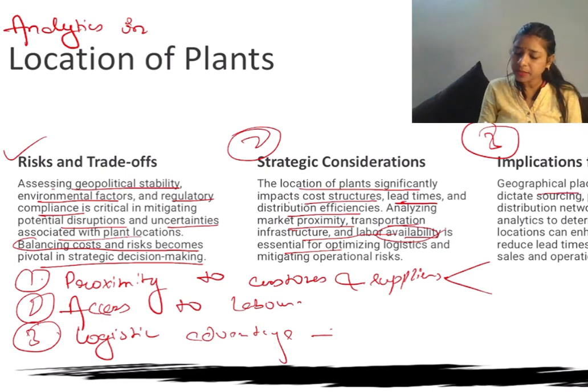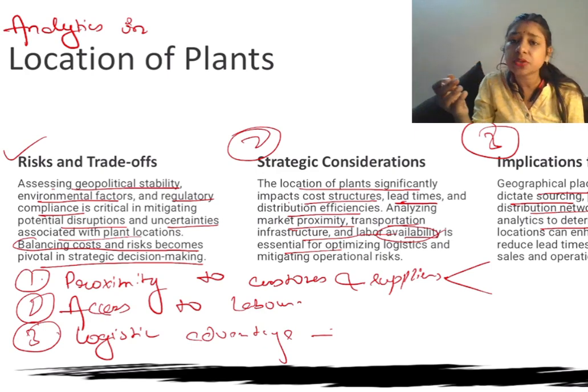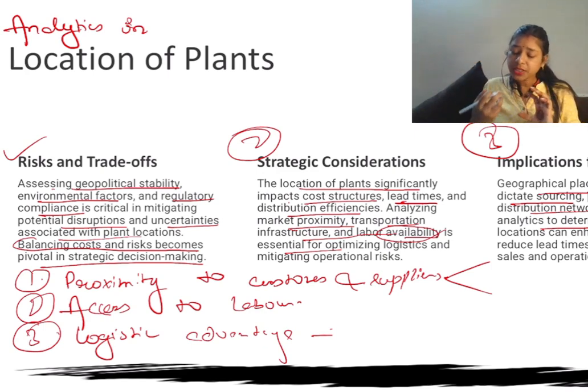The geographical placement of the plant dictates the sourcing, production and distribution networks, and therefore we should leverage analytics to determine which location enhances responsiveness, reduces lead time, and enables effective sales and operation synchronization. So that should be checked.